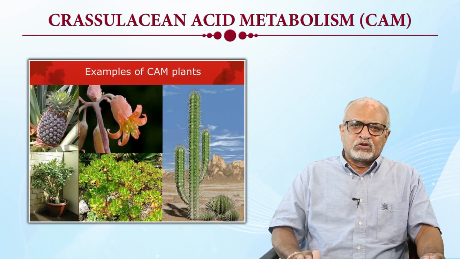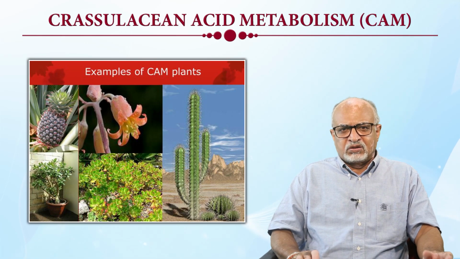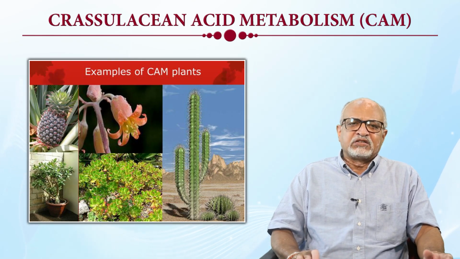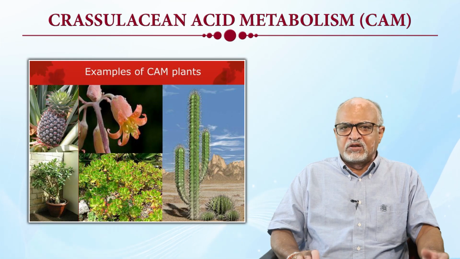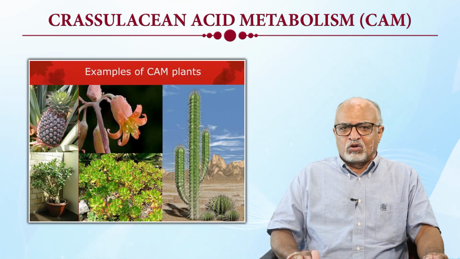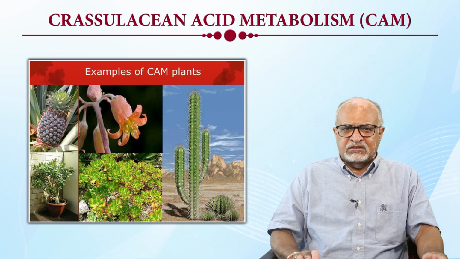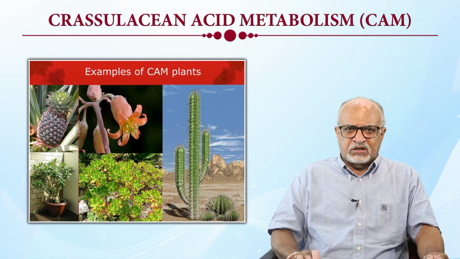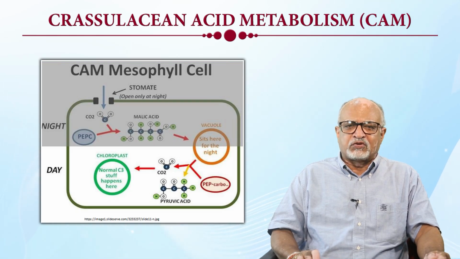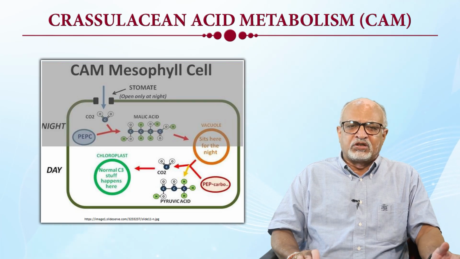The examples also include certain food crops, that is, fruit trees like the pineapple, and of course, you can see on the screens the cacti of the Arizona desert and the succulents thereof. Now, in this special type of cycle, reactions are going to take place during day and during night.